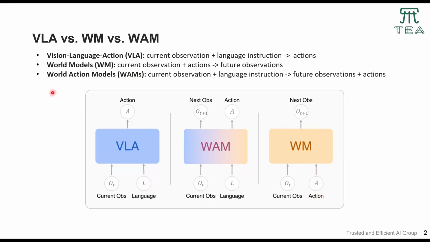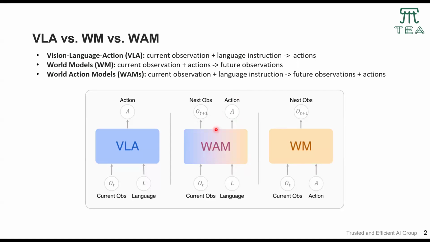The third one is the world action model. The world action model is a combination of the VLA and the world model. It also takes the current visual observation and the language instruction as input, and this model tries to model the future prediction and the action generation together.